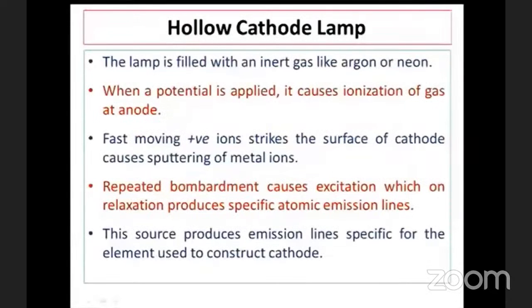Let us see how this hollow cathode lamp functions. When a voltage of around 300 volts is applied between the two electrodes, the atoms of the inert gas ionize and the positively charged ions are attracted to the cathode. These fast moving positive ions strike the surface of the cathode, causing sputtering, or removal of metal atoms from the surface of the cathode.